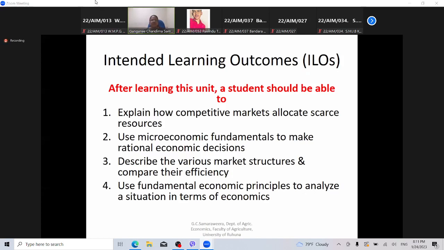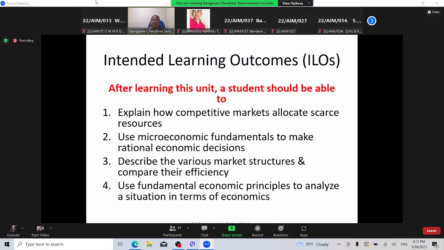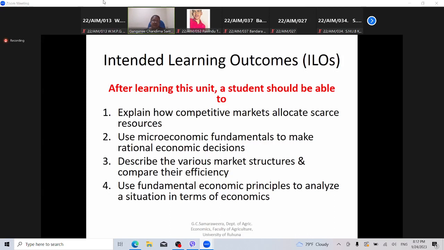You will be able to learn what economic decisions are, what rational economic decisions are. Meantime, just become familiar with these words. I'll explain them one by one later on when we come to these sections. Then describe the various market structures and compare their efficiency. That means we are going to learn about various or different types of market structures, and we are going to compare their efficiency one by one.